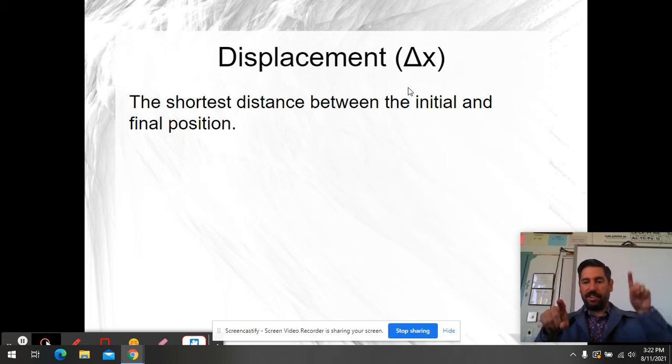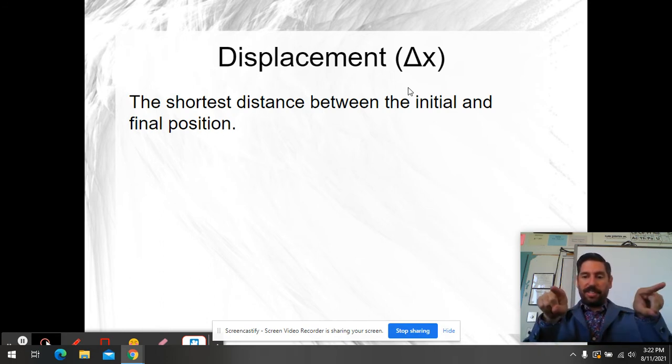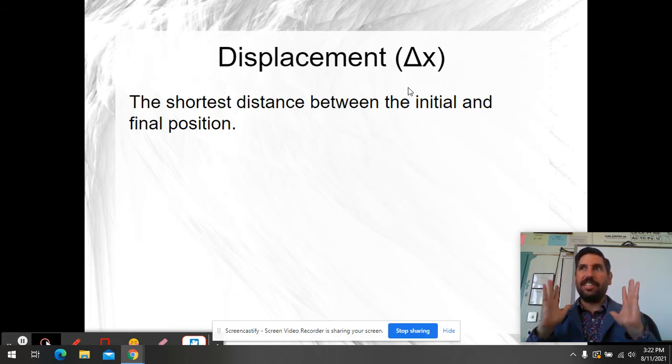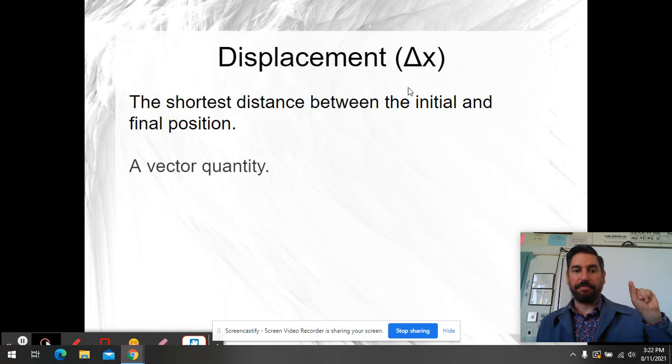If I say between here and here, what's the change in position? You just measure the distance between the 2 points. But if I say here to here, there is not only a distance, but there is a direction. It went from this point to this point, or from this point to this point. So it's not just the distance we're measuring, but we have that added piece of the direction it's moving from the first point to the end point. So that makes it a vector quantity.